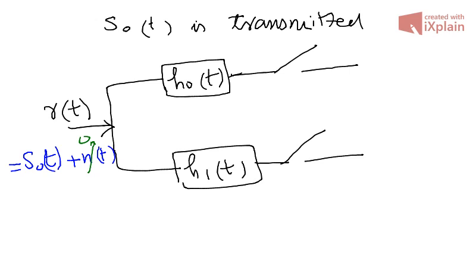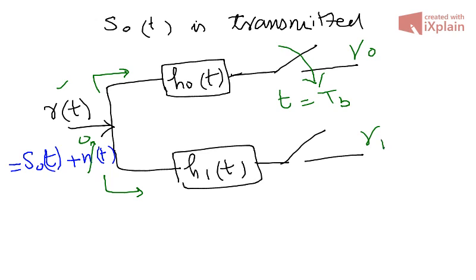If you pass this r of t through the upper branch and the lower branch, and observe the outputs at instant Tb, you get two sample values from these two branches.